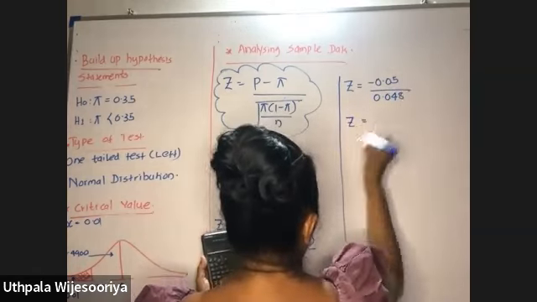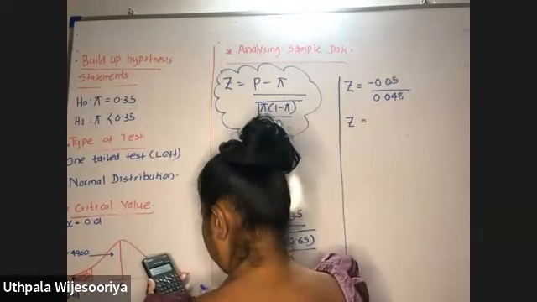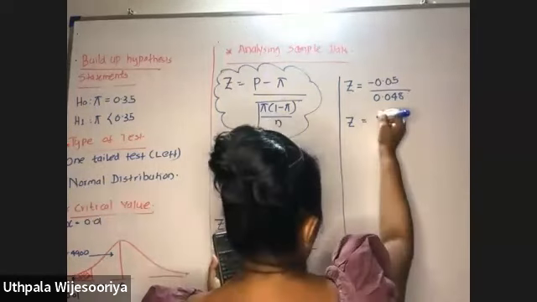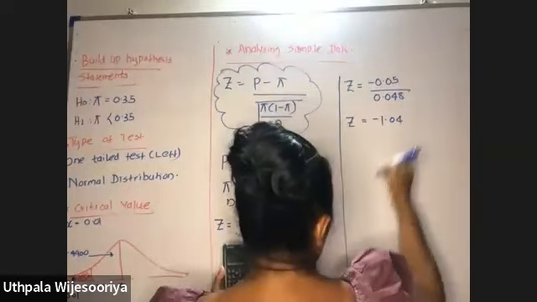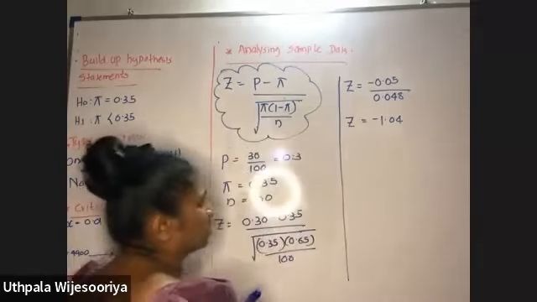Z is equal to minus 1.04, which is in the acceptance region. 2.33 is the boundary value.